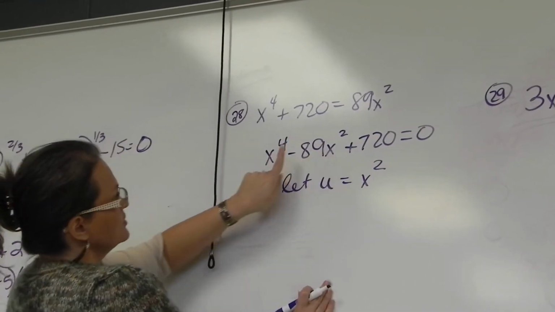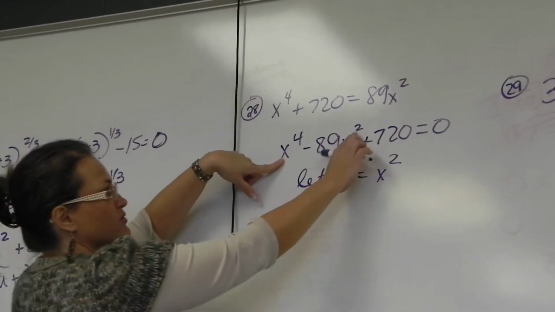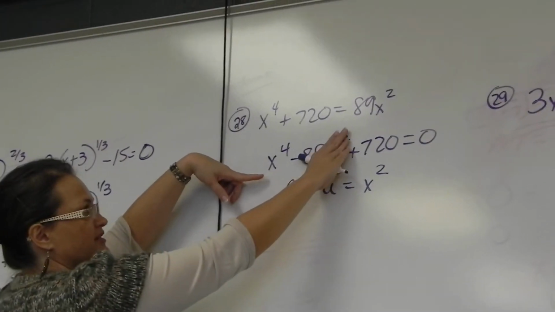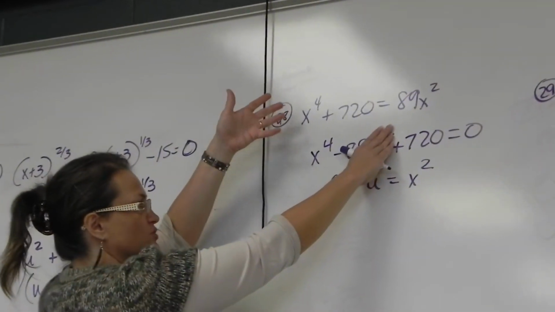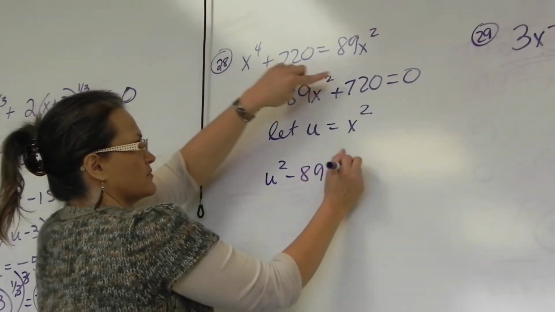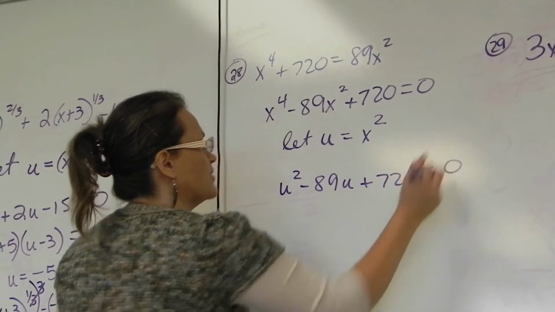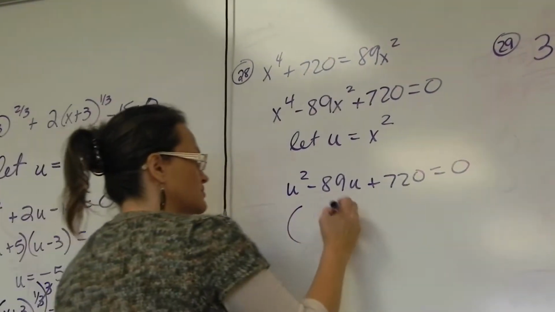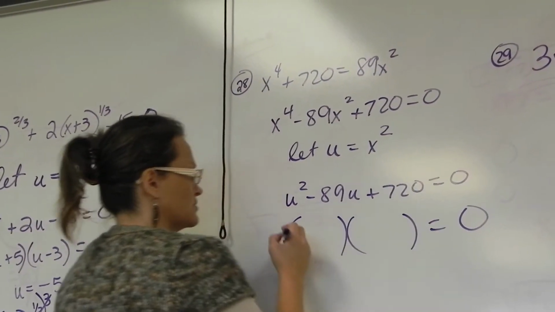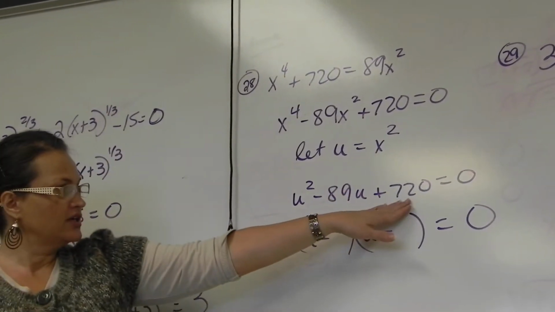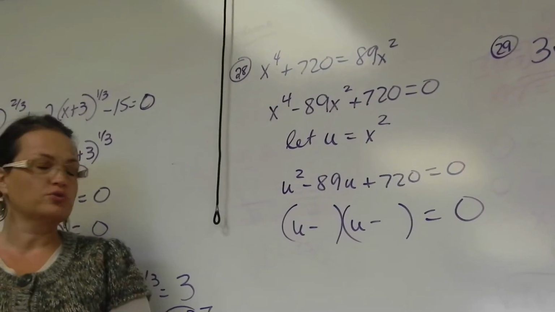If that's u, that will be the square of it. You know, x squared squared again would be x to the 4th. So if I pretend that's just an x or just a u, then that will be the square of it. And so now the problem, I'm pretending it is quadratic, so I can factor that. (u minus)(u minus), to get a positive on the end but still get a negative middle term.